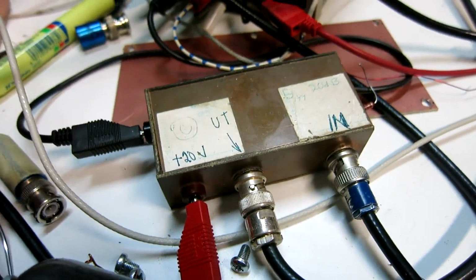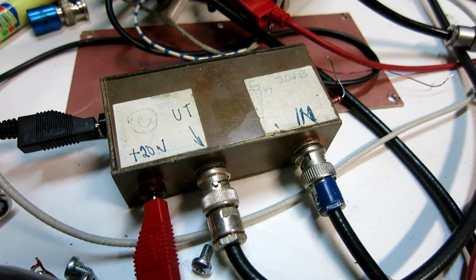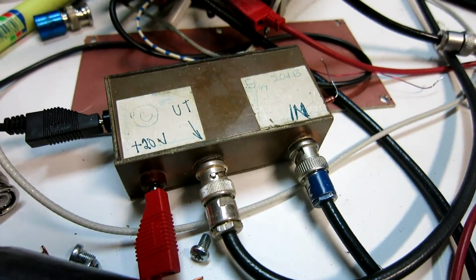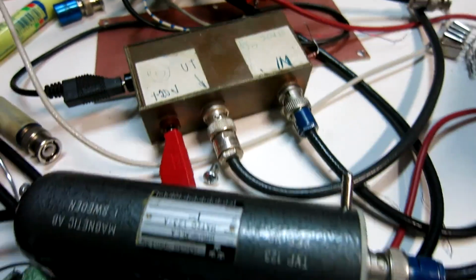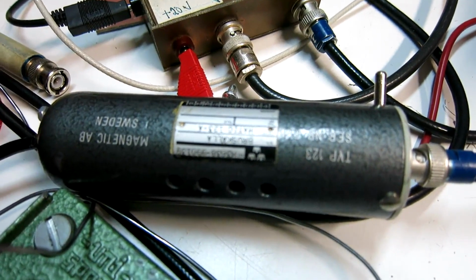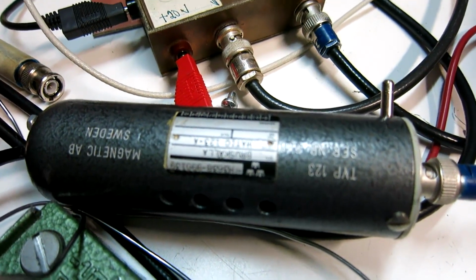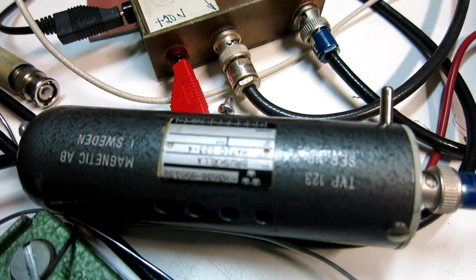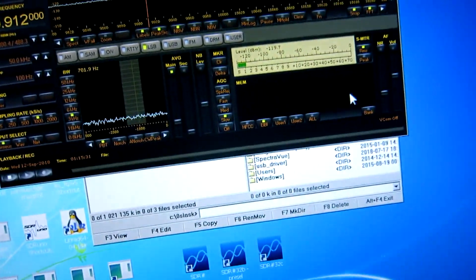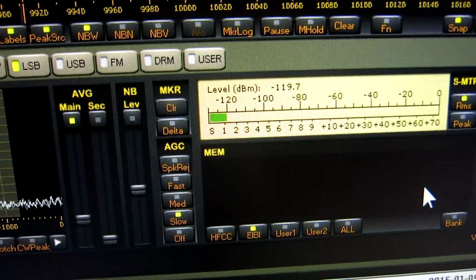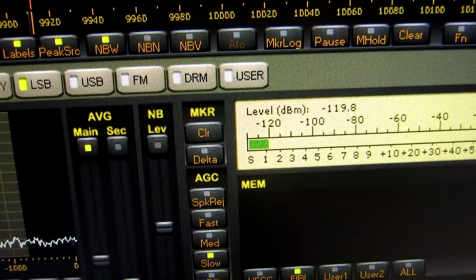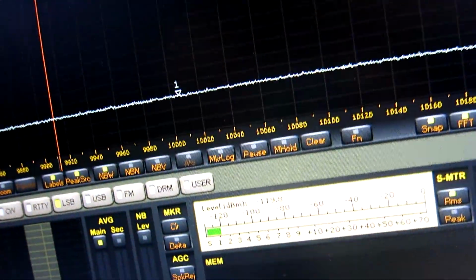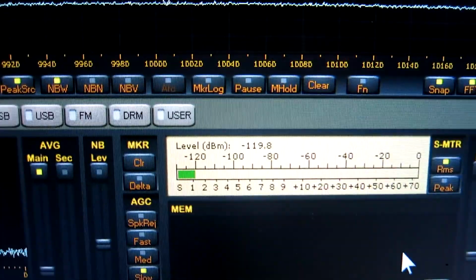This is a low noise, modest low noise amplifier with 50 ohms input impedance. I'm testing the noise figure of it with this noise head from Magnetic, and I'm looking at the spectrum analyzer. The amplifier is connected to the analyzer, and with the noise source off, I have minus 119.7 dBm.